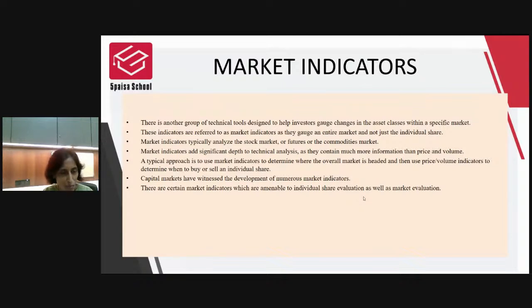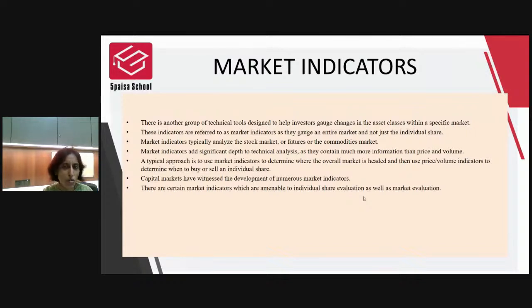So a typical approach to using market indicators is to determine where the overall market is headed, and then use the price-volume indicators to determine when to buy or sell an individual share.